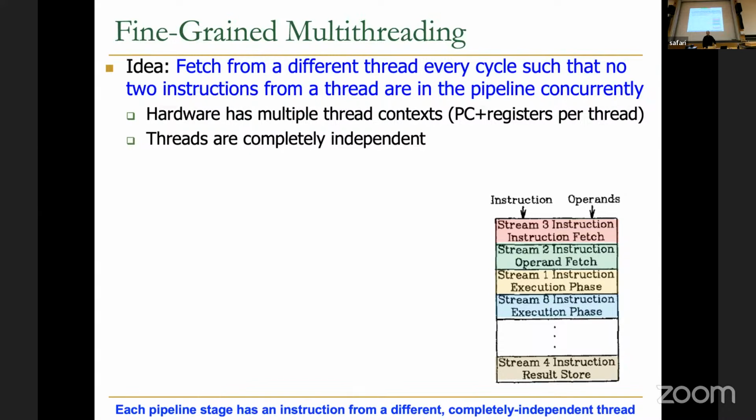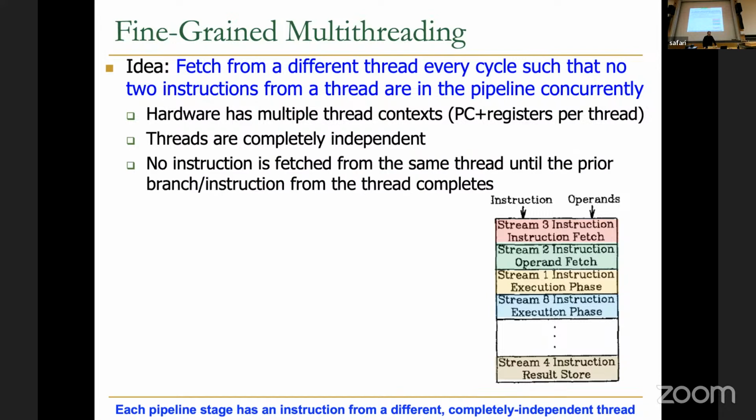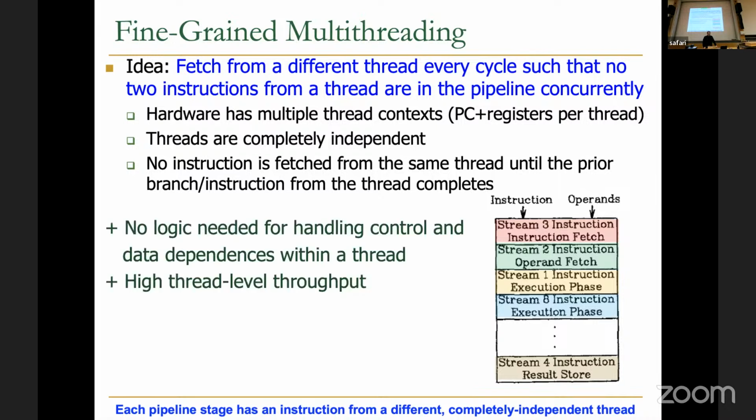For example, you probably don't have forwarding paths in GPUs. So, as I said, no instruction is fetched from the same thread until the prior branch instruction from the thread completes. You don't need to add logic for handling control and data dependence within the thread, and you will have high thread level throughput.